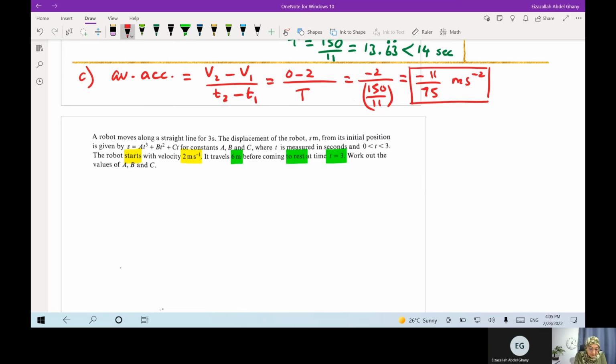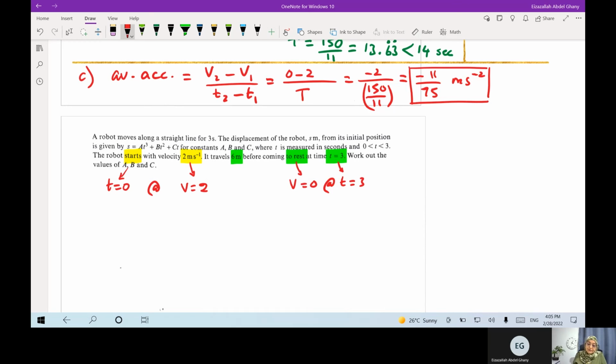That's perfect. Now let's translate. Starts means t equals 0. V equals 2. To rest means v equals 0. At t equals 3. Now let's start. He wants me to find the values of a, b, and c.